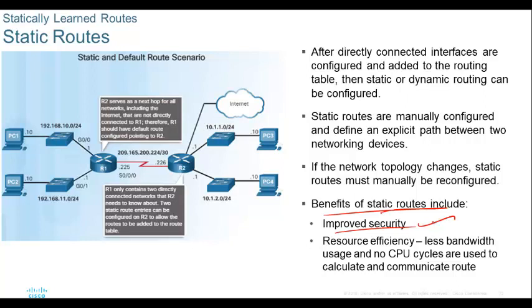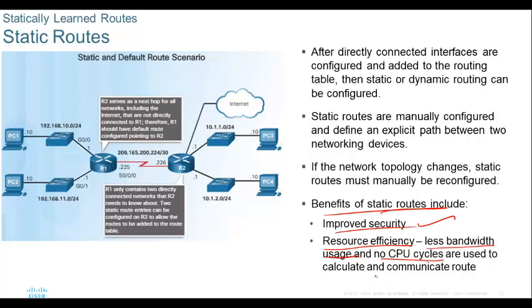Now, when you don't use a dynamic routing protocol, there is no CPU utilized by the protocol. So resource efficiency increases. How? Routing protocols consume bandwidth to send updates, and routing protocols use CPU.